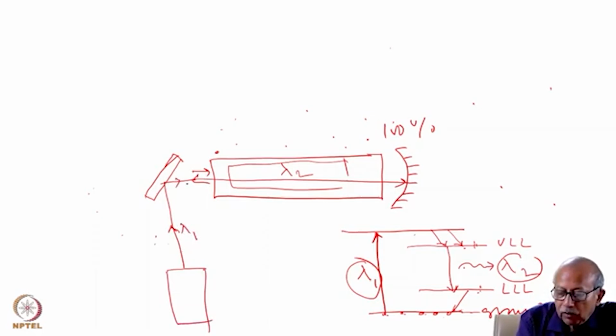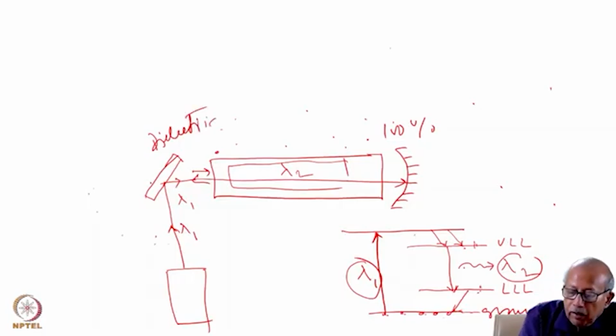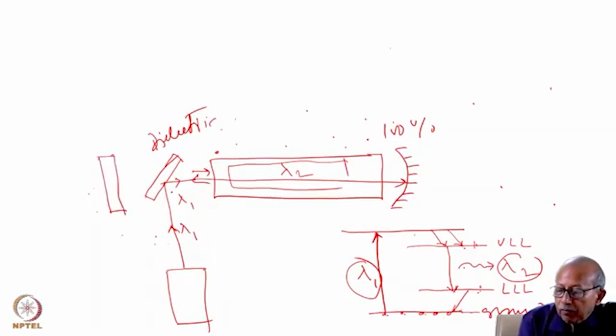Suppose this dielectric mirror reflects lambda 1, and this is your output mirror, which is partially transparent.